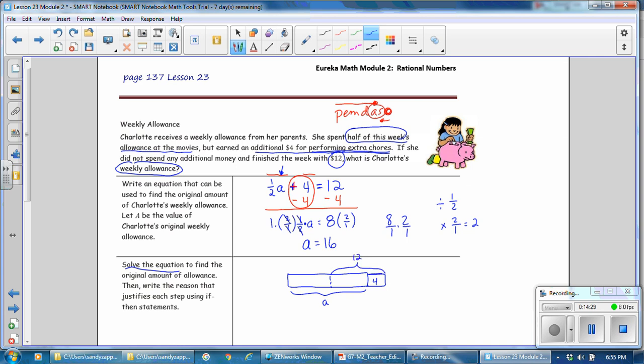So if we take 4 away from 12, that will give us the amount that this bar represents. So right here, 12 minus 4 is 8. So this part represents 8, and the total represents 12. So these are the same size sections right here, so this would also be 8. So then that makes the whole allowance $16, which is what we found up here.